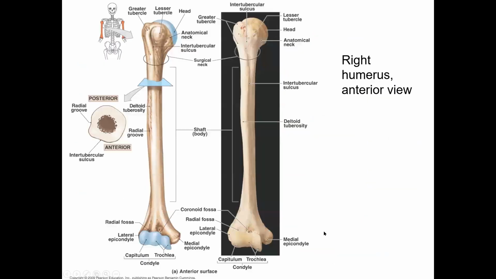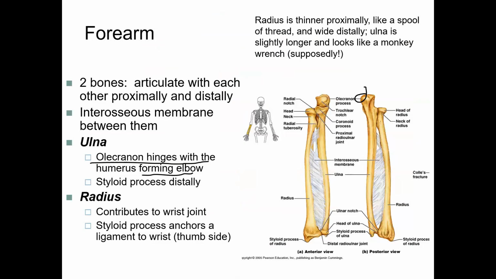And when we move past this, I remember speaking about the ulna and the radius and how the ulna makes up the majority of the forearm bones associated with your elbow joint, okay?